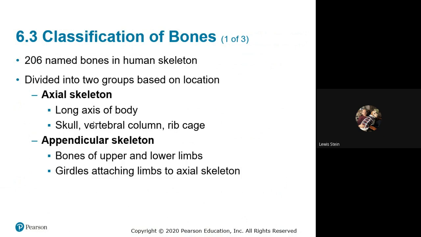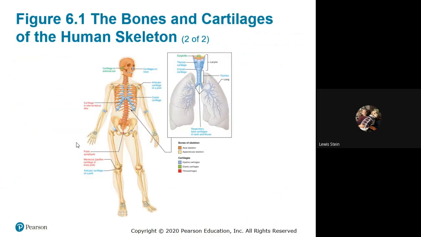Anything to do with your arms and legs, plus the connectors. By definition, the connectors, which we call girdles, are the attachments. So your shoulder assembly and your hip assembly, technically, from a standpoint of anatomy, are involved with the appendicular skeleton. That has to do with your appendages.